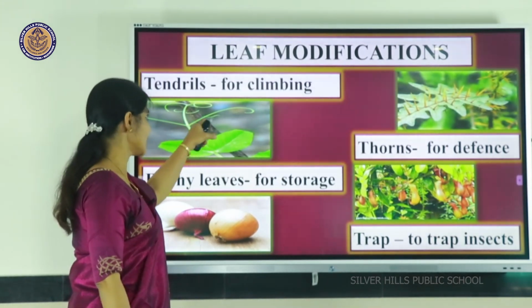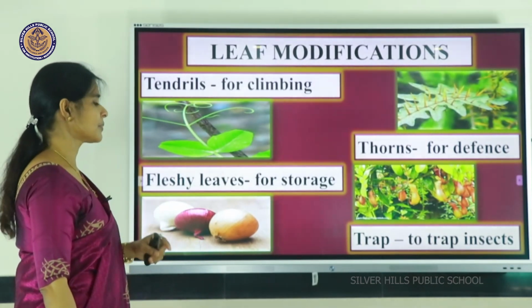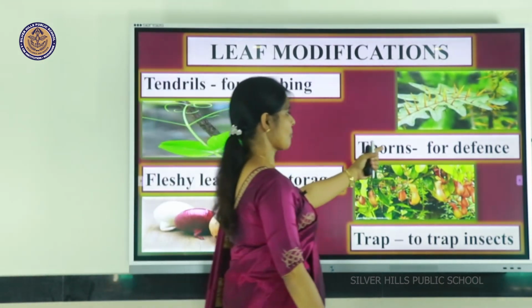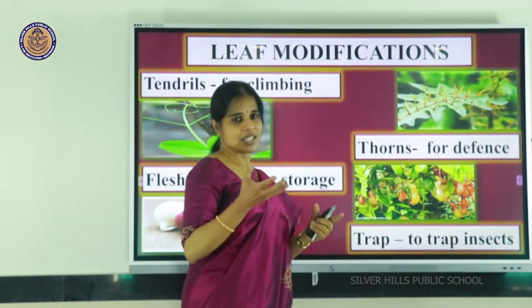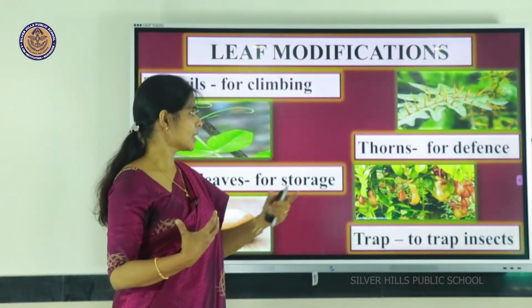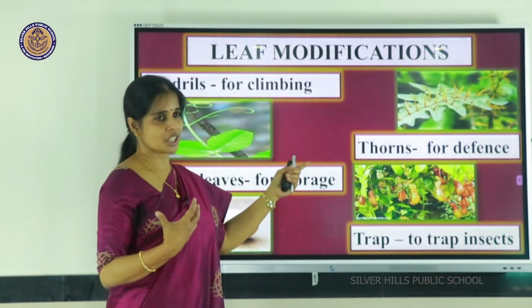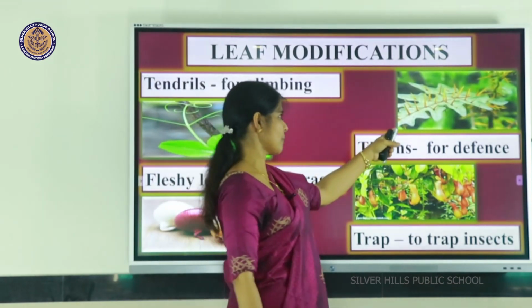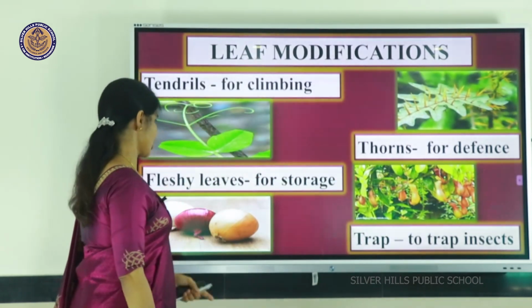Instead, those leaves modify into tendrils for climbing purposes. In the same way, the leaves form thorns for defense. In many plants, the leaves have thorns on them for the protection of the leaf and the plant. That is again for defense, a leaf modification.